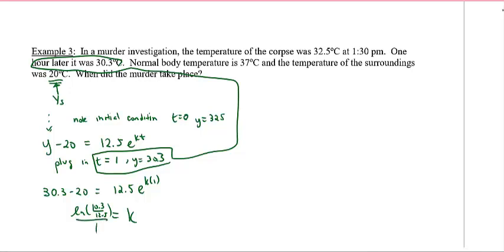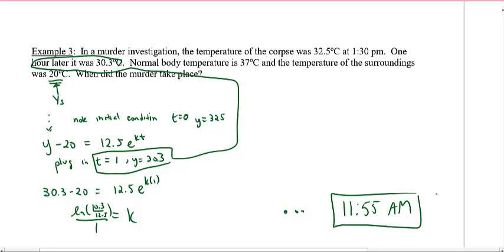And then if you just go ahead and find out when did the murder take place, you can plug in the values, and you're trying to solve for t, and I'll tell you that the answer would be 11:55 a.m. Okay?